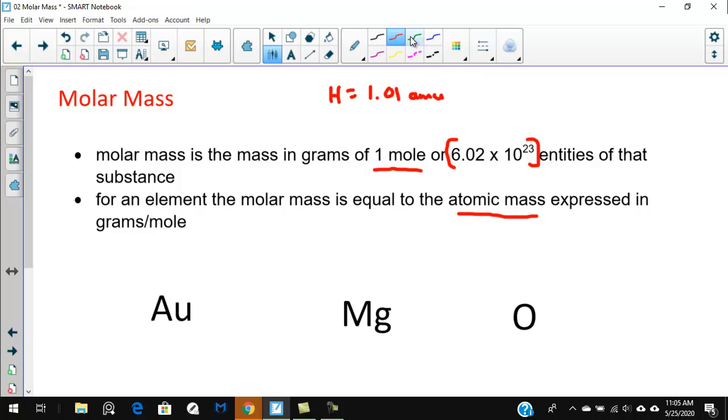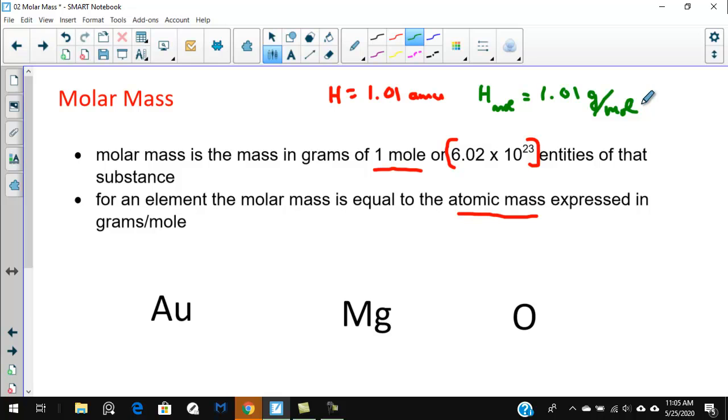But if we had a mole of hydrogen, so we had a whole mole of hydrogen atoms, then what we do is take the same number, 1.01, and we change the unit from AMUs to grams. So the molar mass of hydrogen is 1.01 grams per mole.